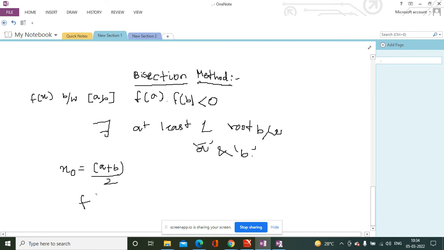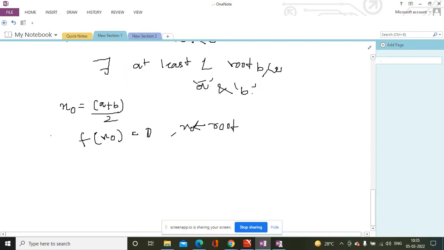If we get f of x0 equal to 0, then x0 is our root. But if we don't get f of x0 as 0, and get some positive or negative value, then what will we do?